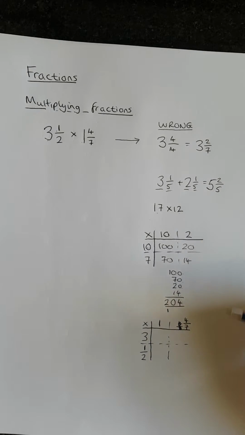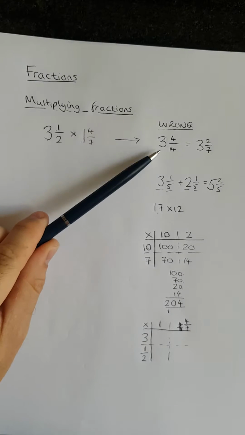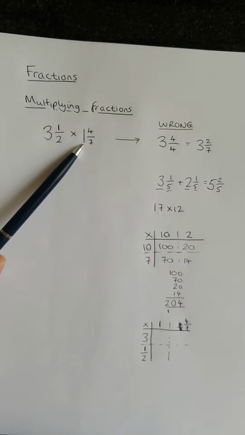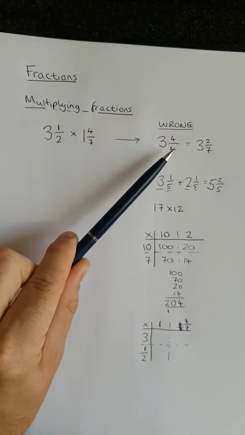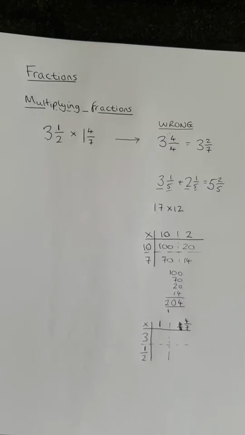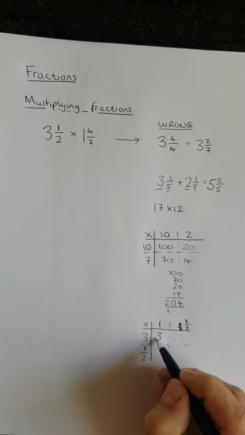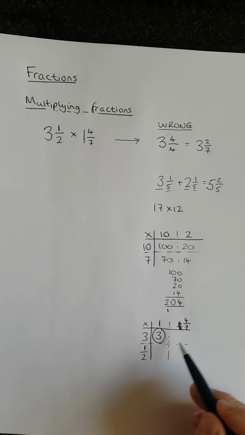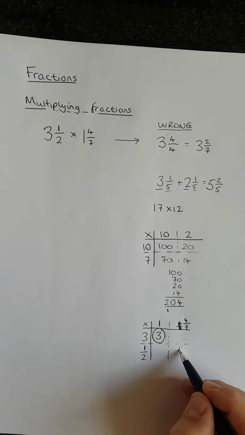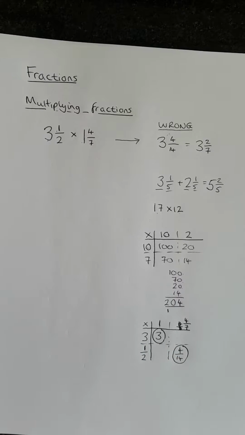Now, in our wrong effort earlier, we did 3 times 1, multiplied the integers, and then half times 4/7, multiplied the fractions. 3 times 1 is here, so that sum was correct. A half times 4/7 is here, so that sum was correct.